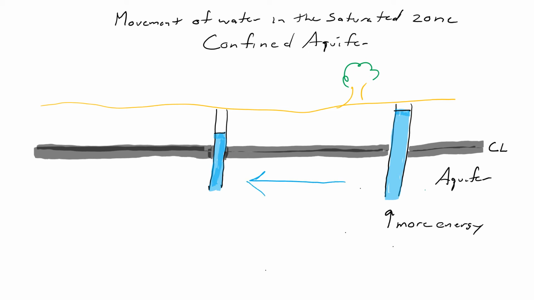If that has more energy, what's going to happen in this system is, in general, your water movement is going to go from higher energy to lower energy. So just by looking at the level of water in these wells, the water movement in your aquifer is probably going to be from right to left in this diagram. And to illustrate that a little more clearly, there's a couple types of energy possessed by groundwater.